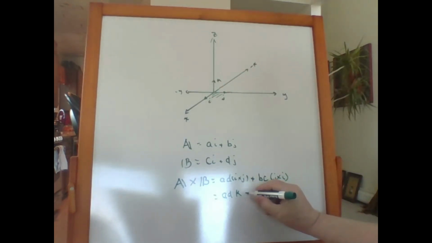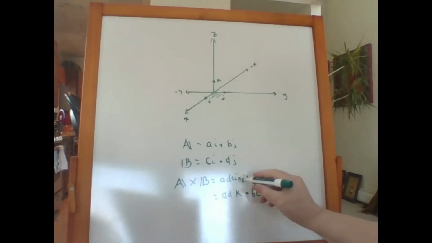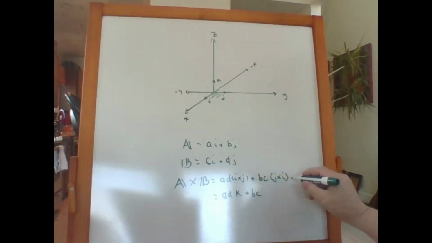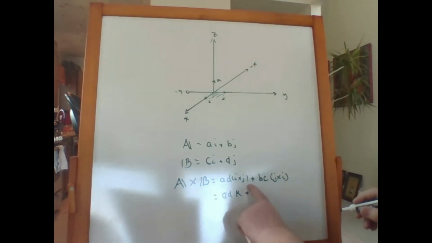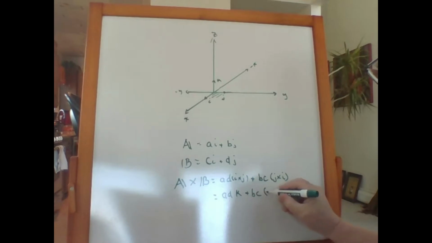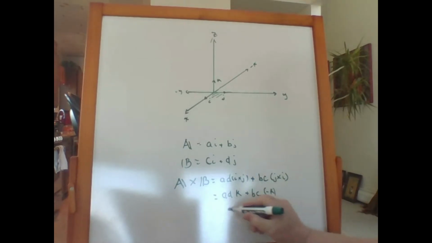And plus bc, now we have, instead of i cross j, we have j cross i, which happens to be negative k. So we have to put negative k here. So this is equal to ad minus bc in the k direction.